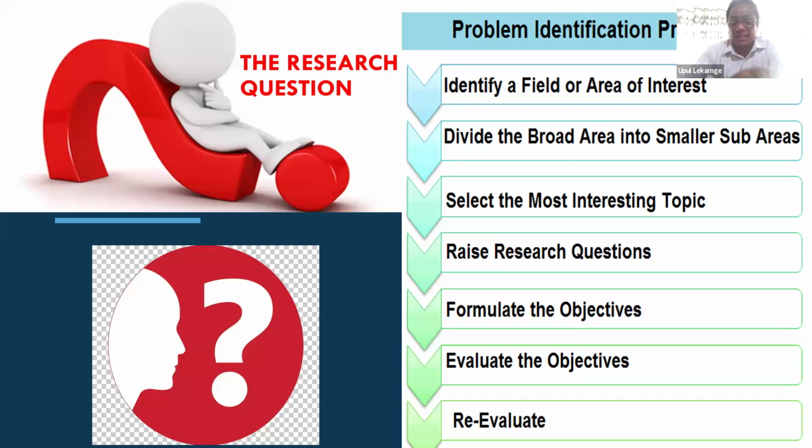This is like a kind of checklist, where you have to reflect on what you have been doing, because from identifying a field or area of interest to evaluating the objectives, it might take a long time. You can't do it within 1 second or 1 hour. Because I said at the very beginning, with research you have to live in it.